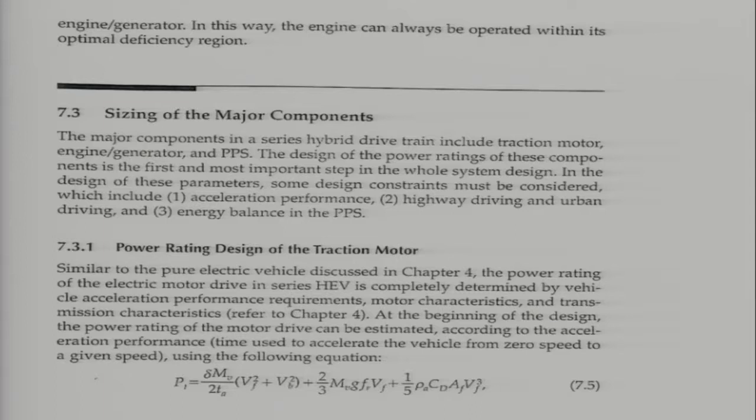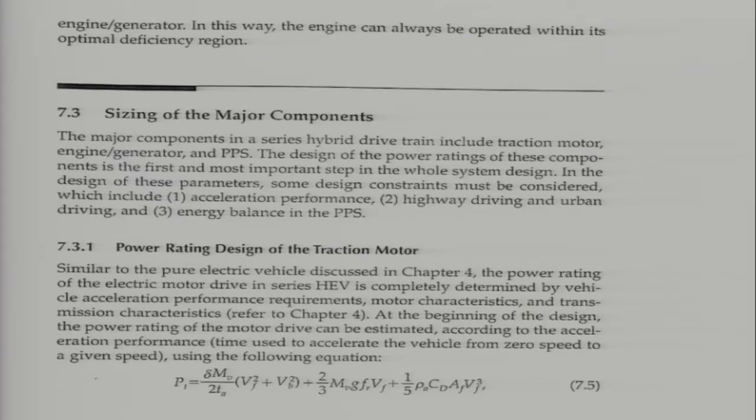Then highway driving and urban driving. This will be decided based on the level of the road and density of the traffic on the road. These two parameters will decide whether you are driving on the highway or on urban roads.